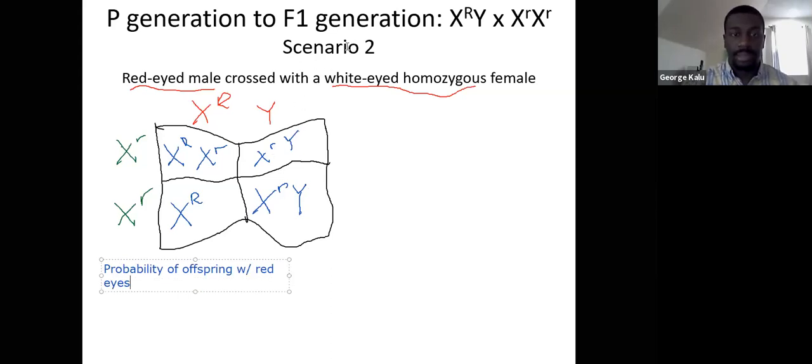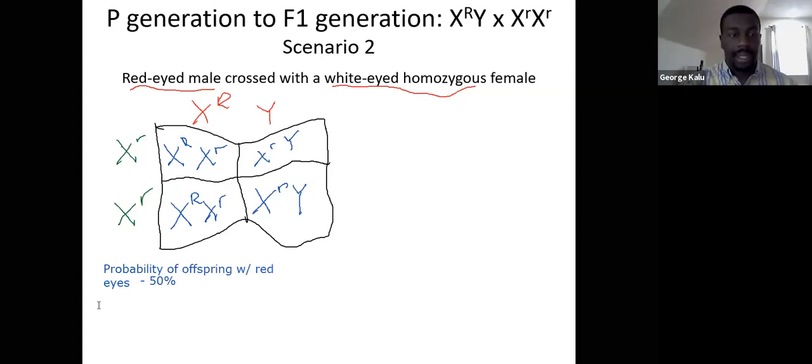This should be... Perfect. Yeah, 50%, exactly. So 50% of our offspring would have red eyes, because we see 2 of our 4 boxes are going to have the dominant allele.